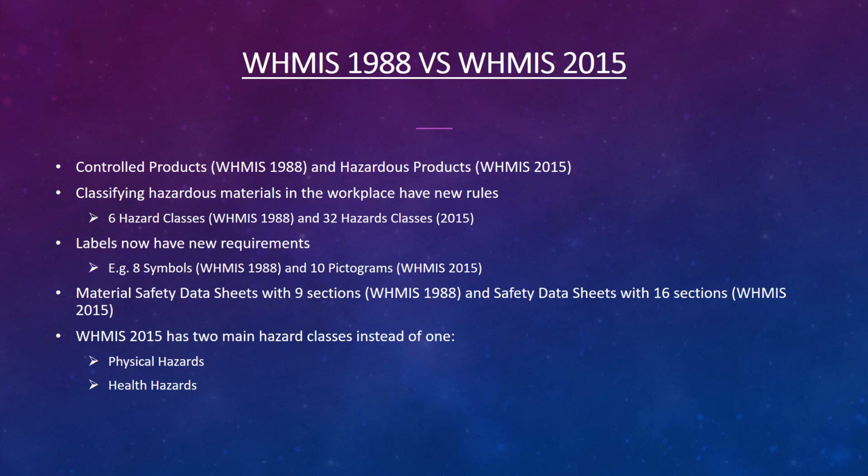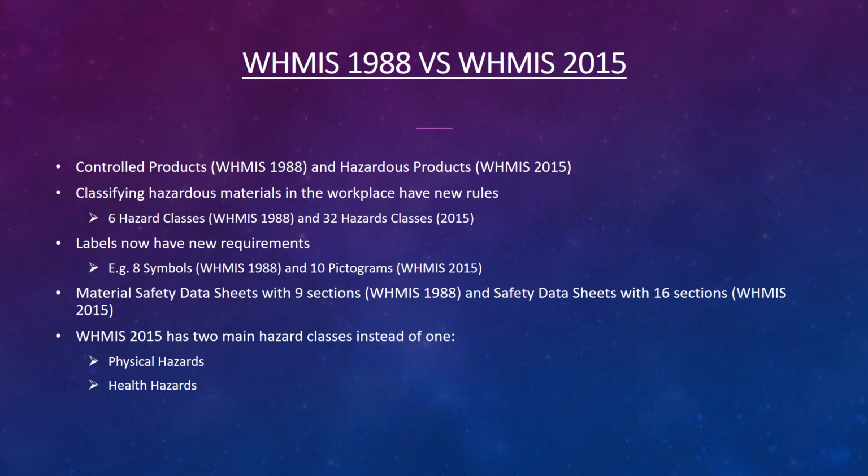WHMIS 1988 versus WHMIS 2015. Controlled products, WHMIS 1988, and hazardous products, WHMIS 2015. Classifying hazardous materials in the workplace have new rules. 6 hazard classes, WHMIS 1988, and 32 hazard classes, WHMIS 2015. Labels now have new requirements.